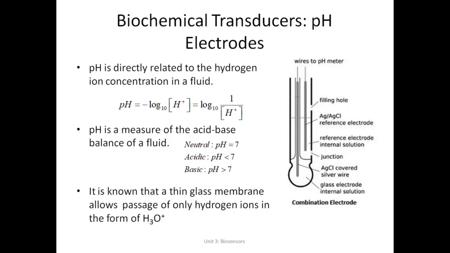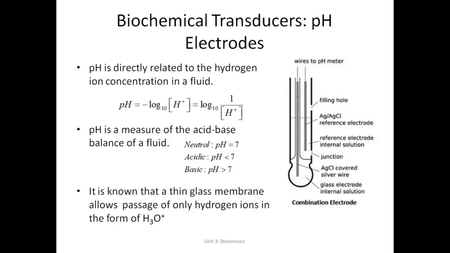Since we consider the reference electrode zero potential, whatever value we get is the potential developed here, and from that we can find out the concentration of H plus ions. Putting that into this formula will give you the pH value.